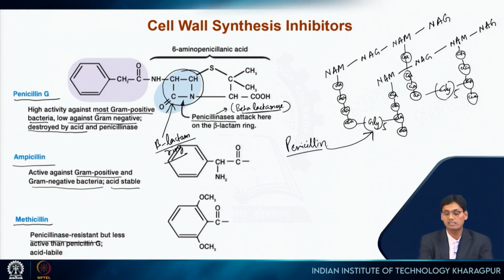As I mentioned, this enzyme can break down the beta-lactam ring. But unfortunately, when methicillin was used for a long time, again some bacteria developed resistance against methicillin also. So you can understand bacteria are also clever. They have many different types of strategies to combat antibiotic treatment. I will be discussing those at the end of this lecture.